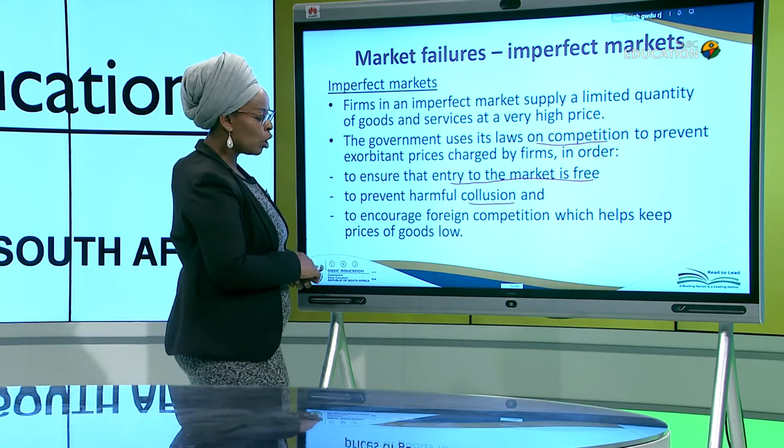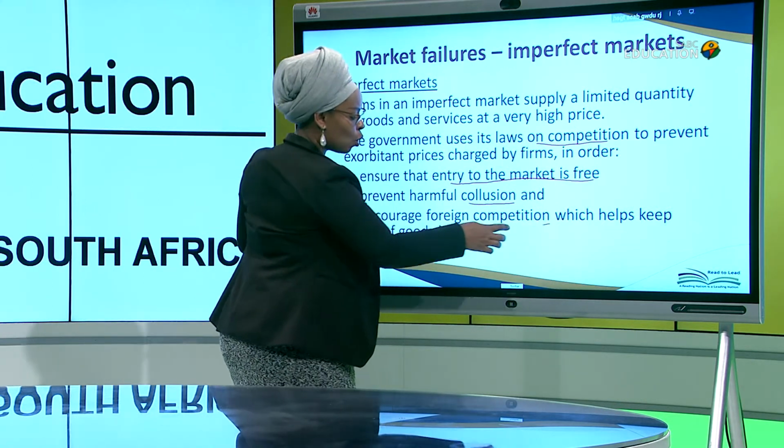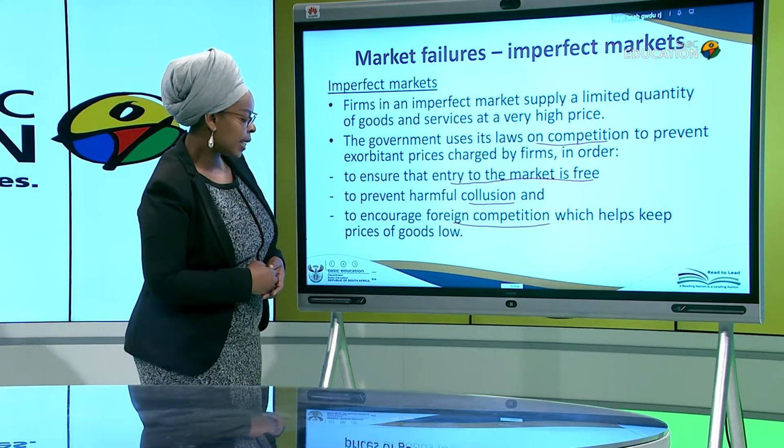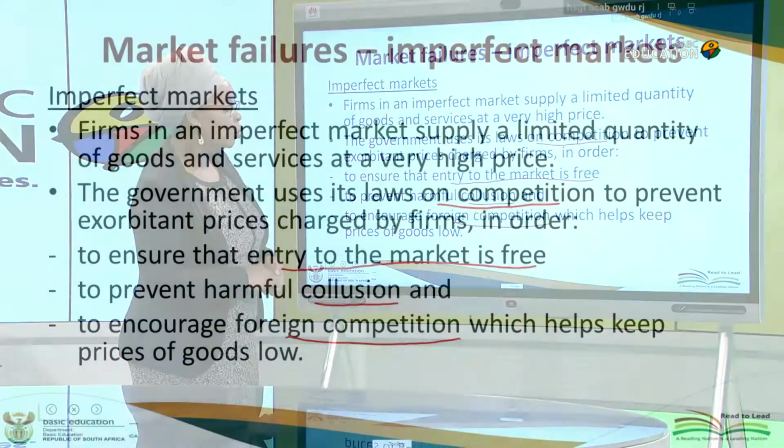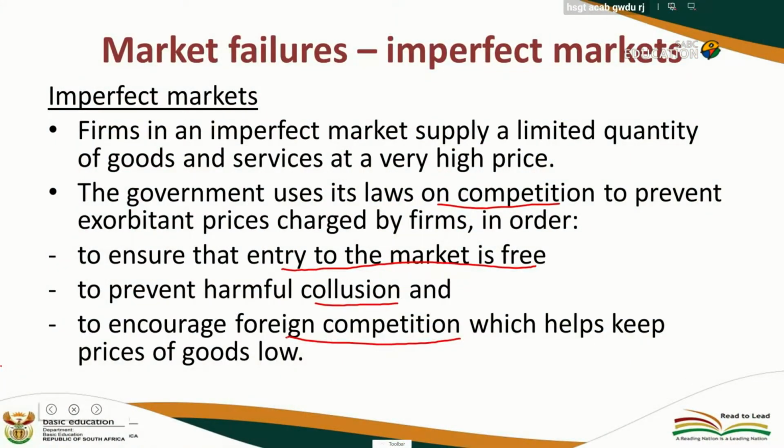The government can also encourage foreign competition, which helps to keep the prices of goods low. Remember, we have the Competition Policy and the Competition Act. So the South African government uses three bodies to regulate imperfect markets: the Competition Tribunal, the Competition Commission, and the Competition Appeal Court.